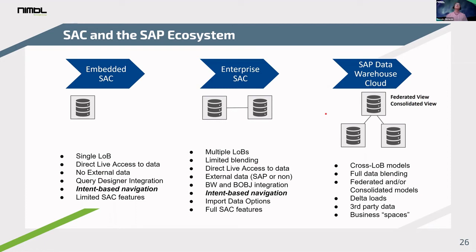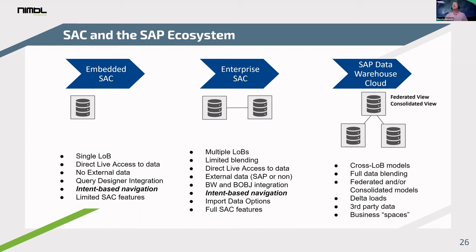Data Warehouse Cloud is really a data warehouse, a HANA database in the cloud, but it's a data warehouse as a service. So you get the ability to bring in different sets of data to model and blend them together, either visually or from a SQL basis, and to build federated or consolidated views of that data that can be consumed for analytics.